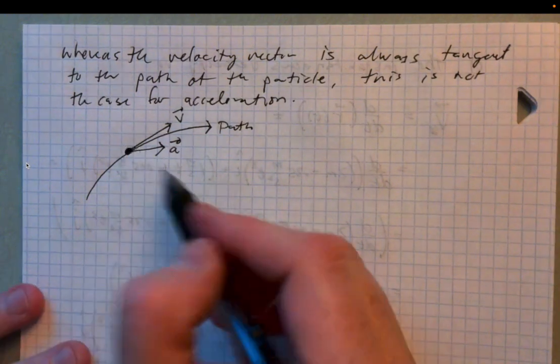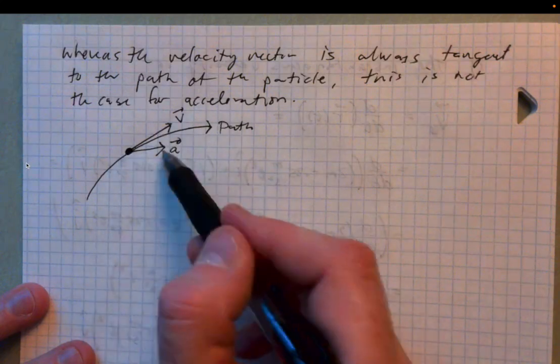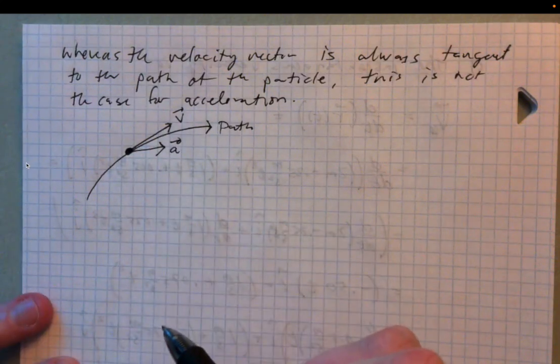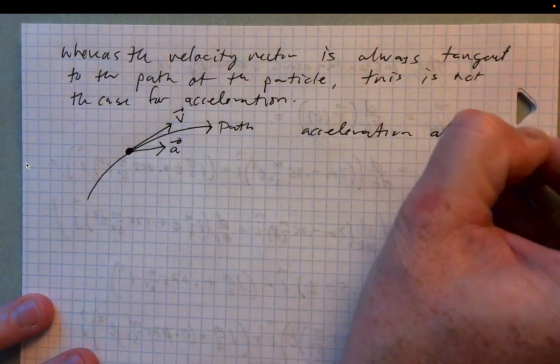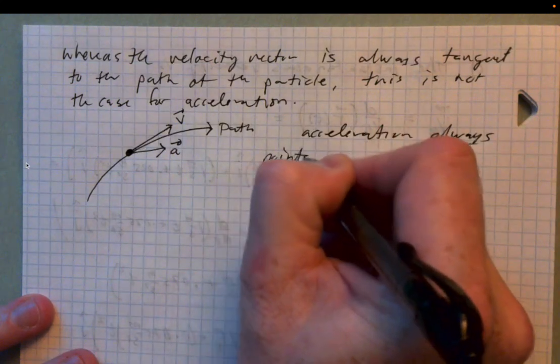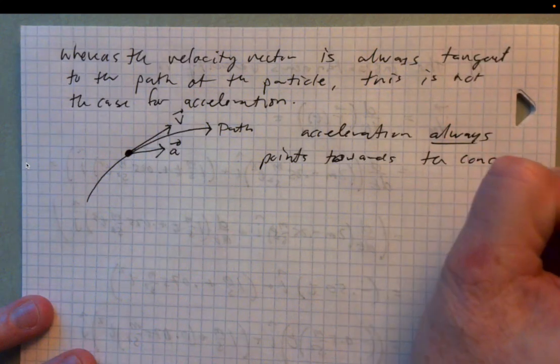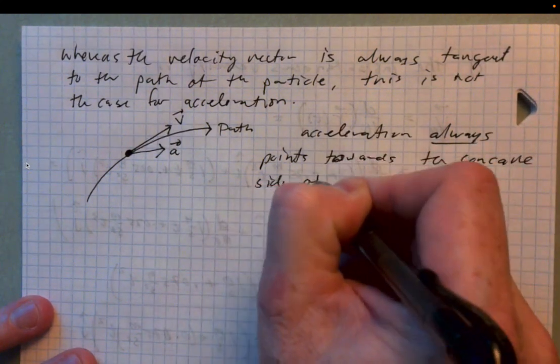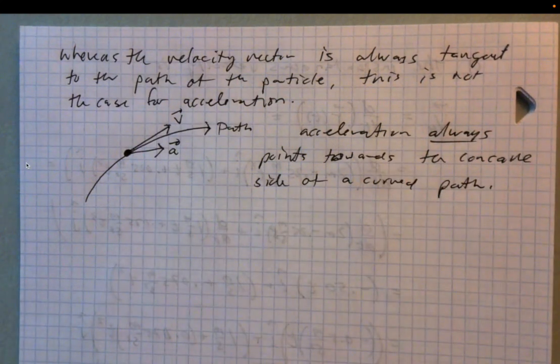You can think of this path as concave, so the acceleration is going to point towards the concave side of the curved path. So acceleration always points towards the concave side of a curved path.